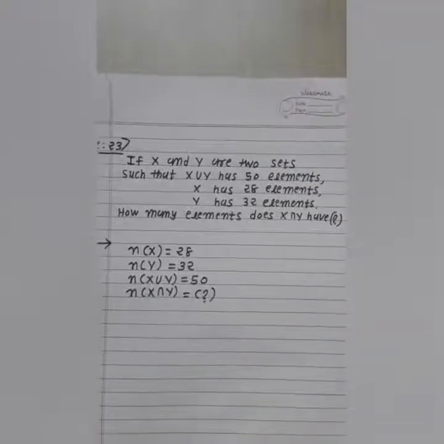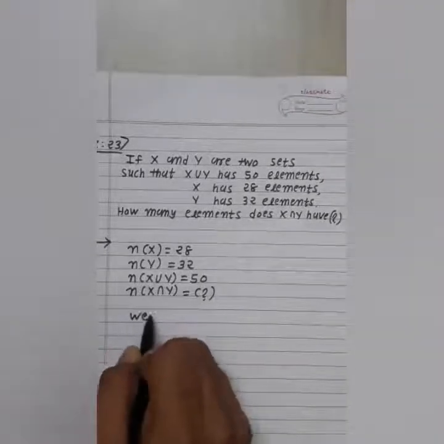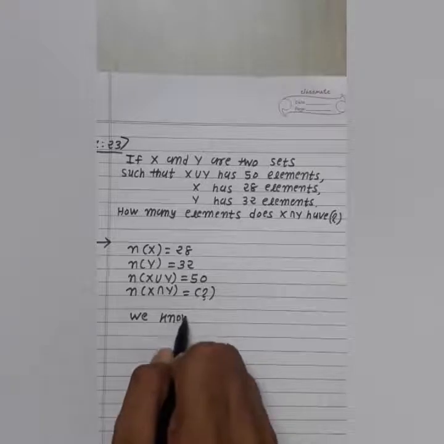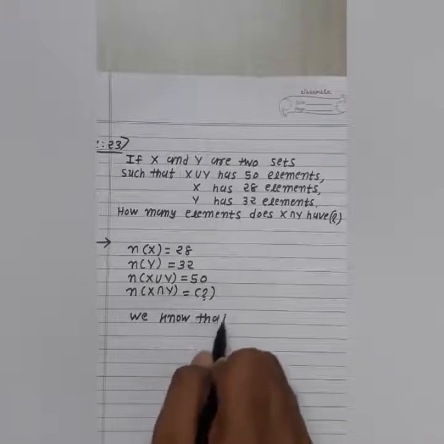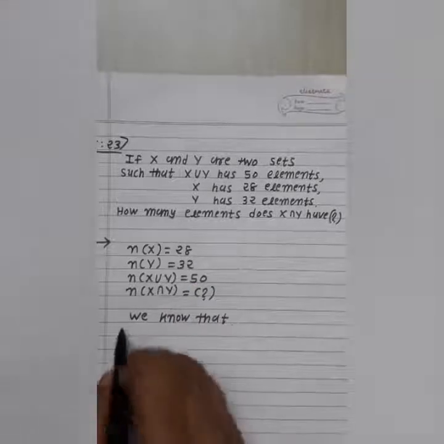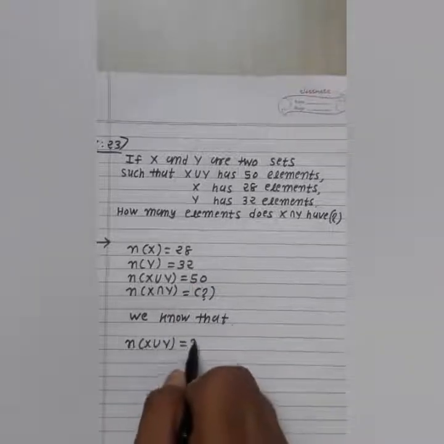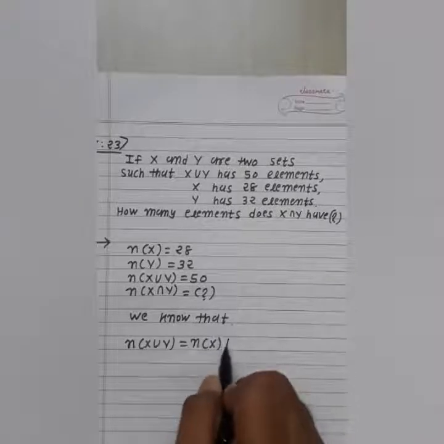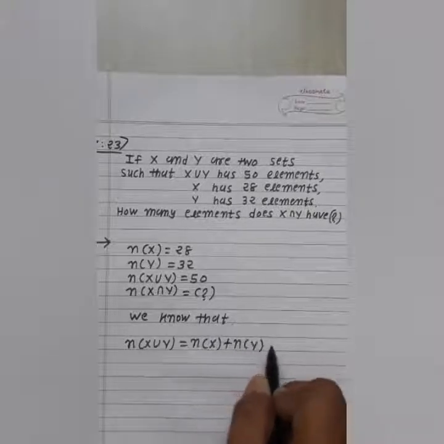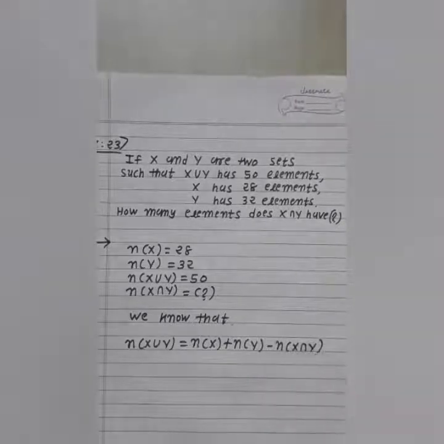Now again the same formula applies. First of all, we know that for two sets, n of x union y is equal to n of x plus n of y minus n of x intersection y.